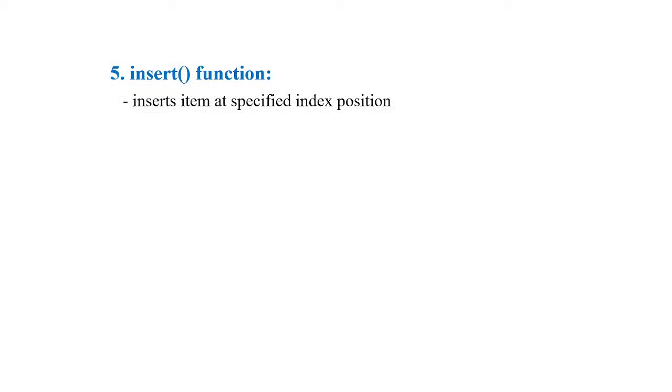Then the insert function. Instead of adding at the end, you want to add an item at a specified index, then you can use this insert function. So say n is 1 2 3 4 5, and now you want to add 88 into this. So n dot insert 1 comma 88. What happens here?